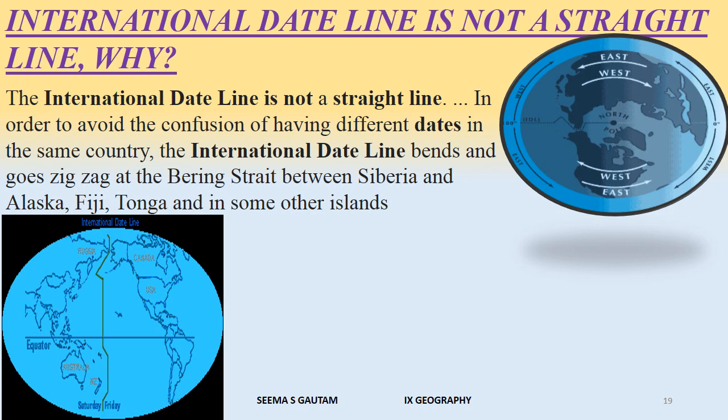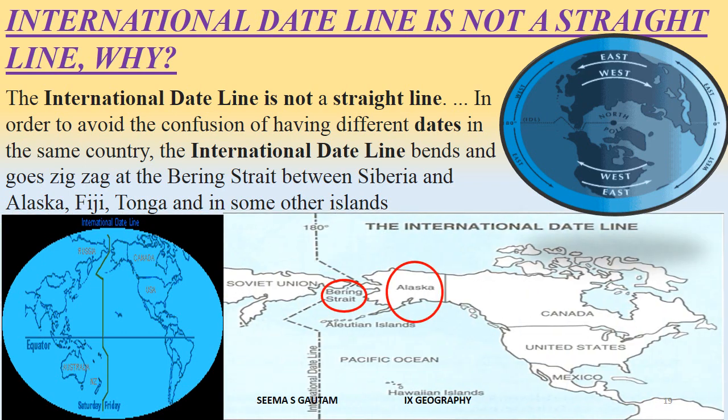To keep them wholly on the same side of the line or under the same administration, the international dateline goes in a zigzag way, passes over only seas and oceans. The international dateline bends and goes zigzag at the Bering Strait, you can see on screen, between Siberia and Alaska, Fiji, Tonga, and in some other islands.